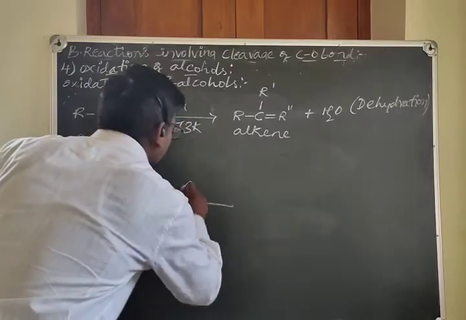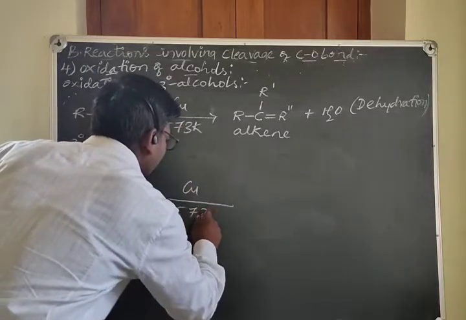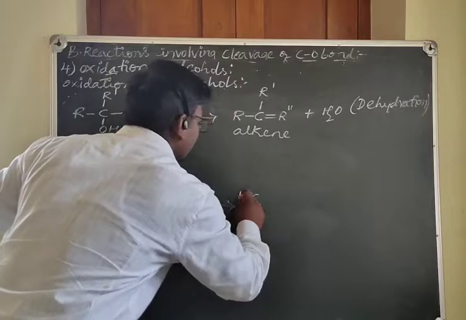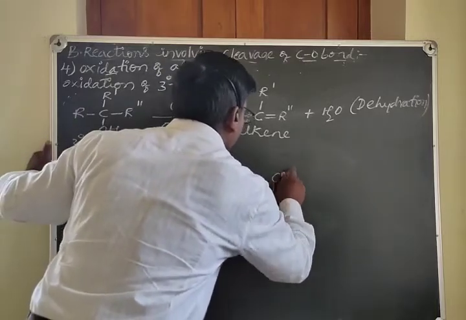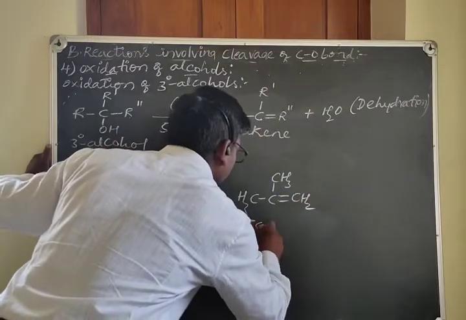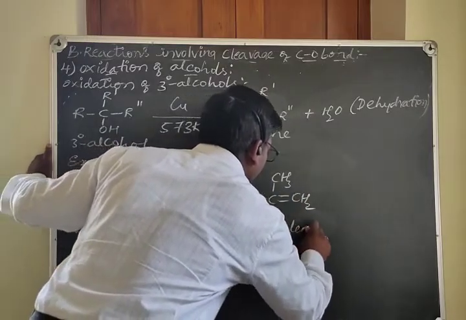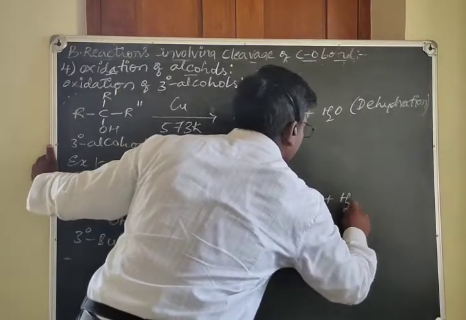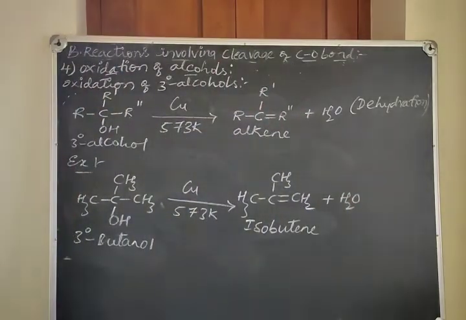When it is passed over copper at 573 Kelvin, you get isobutene with the release of H2O.